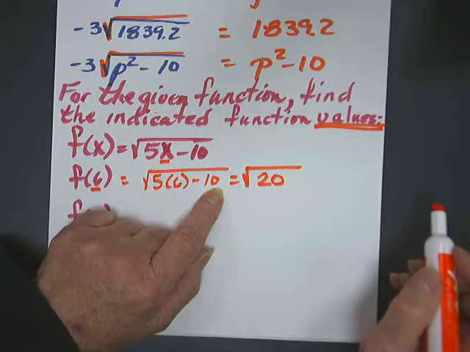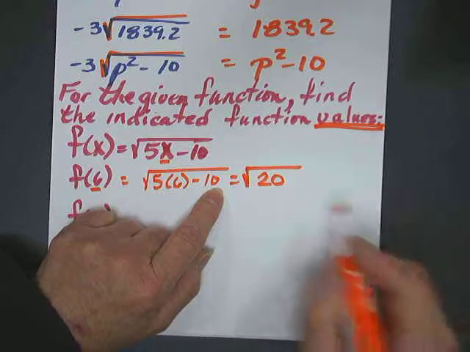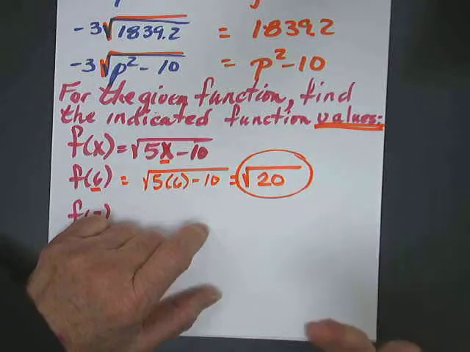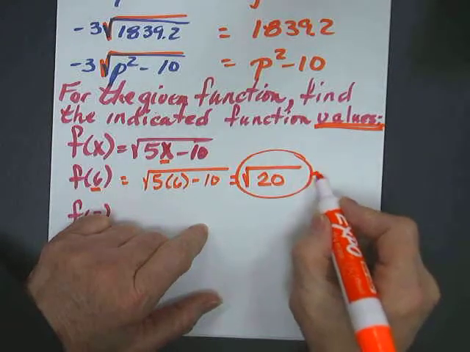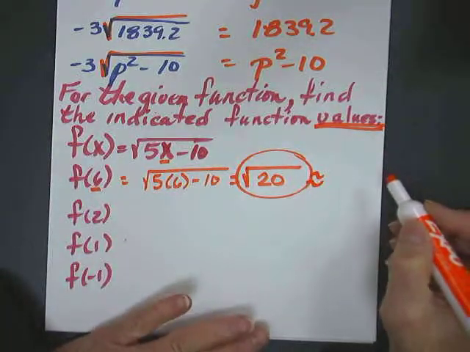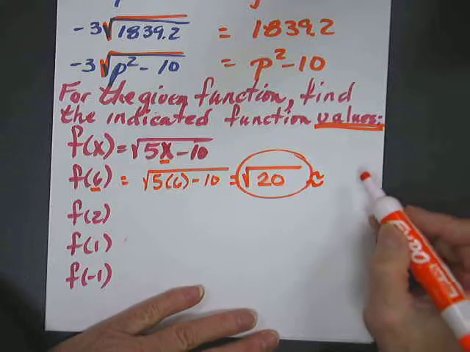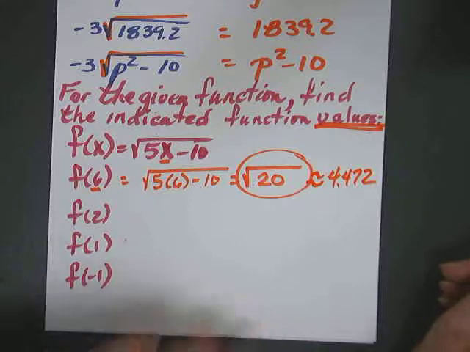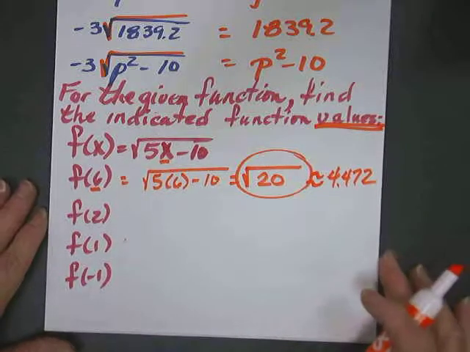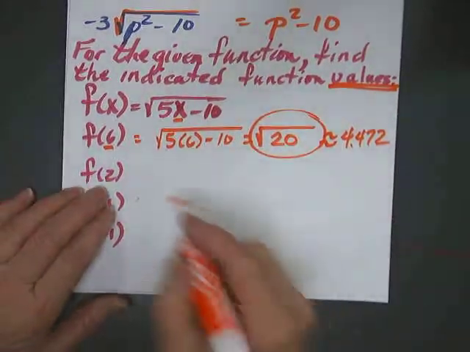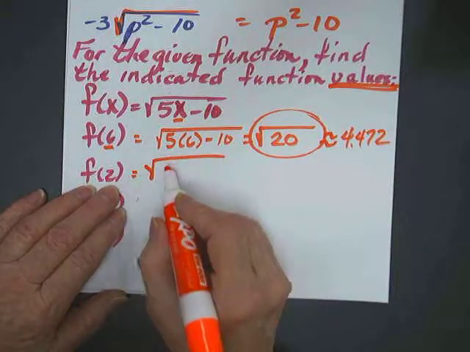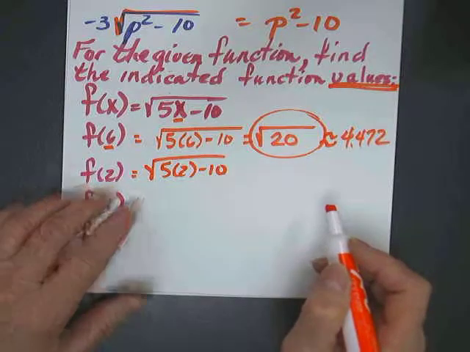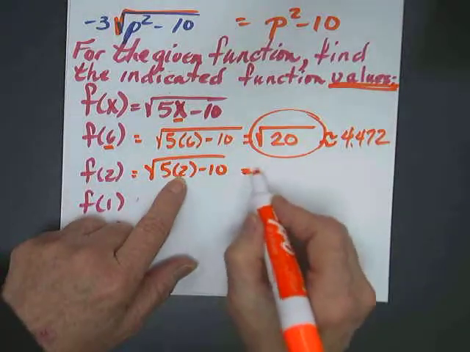So we have 5x minus 10. 30 minus 10 is 20. Square root of 20. So you can either write it like this as an exact value, or put it about, what is that about? 4.472. Okay. We'll just automatically go to 3 if it doesn't tell us, okay?